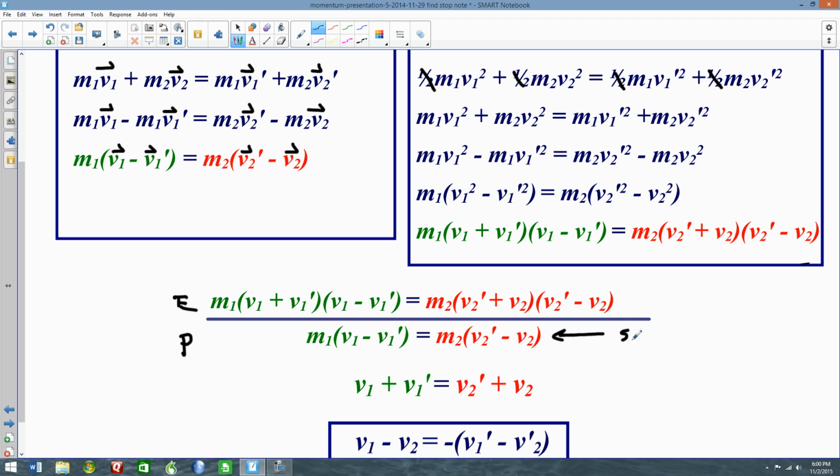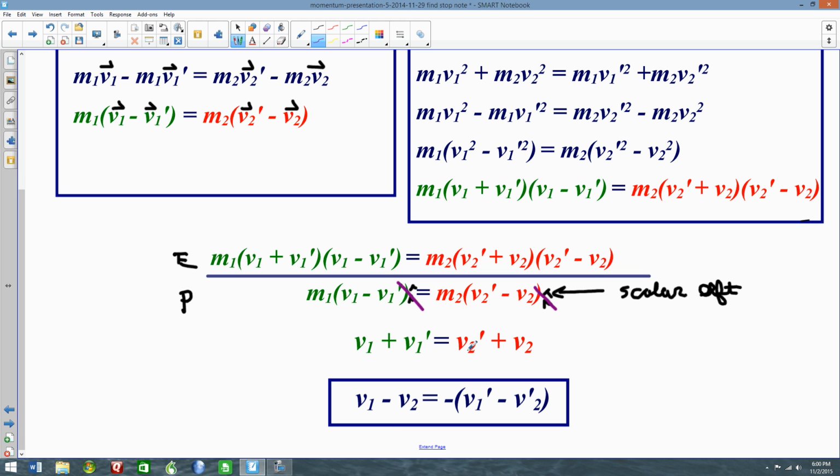So this is the scalar equation that's left. Okay, so you've divided both sides by i hat. See the i hats here? And remember that we can just cancel them out. So this shows how we can get this equation here.